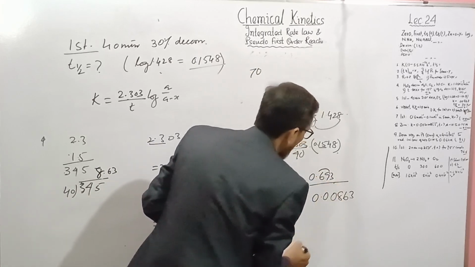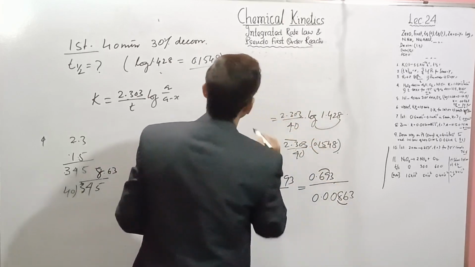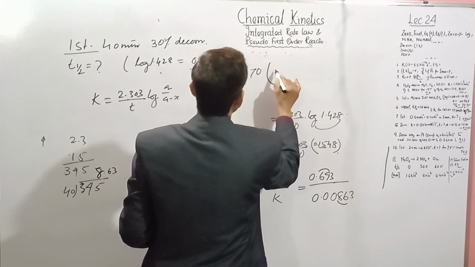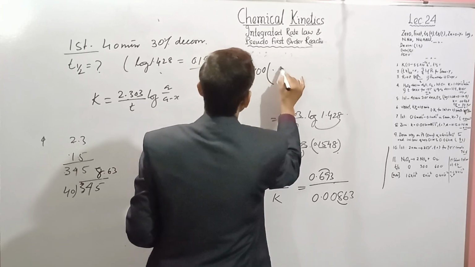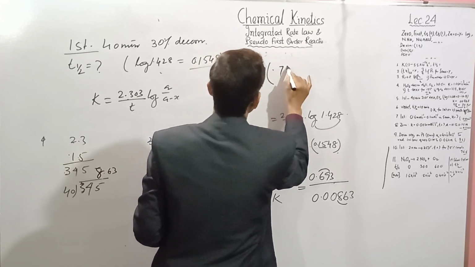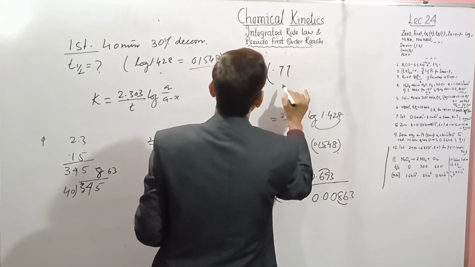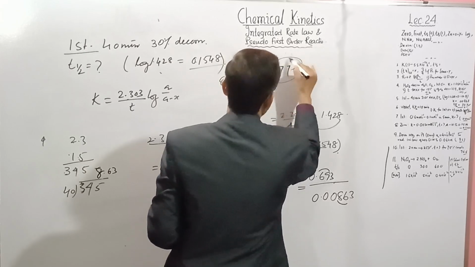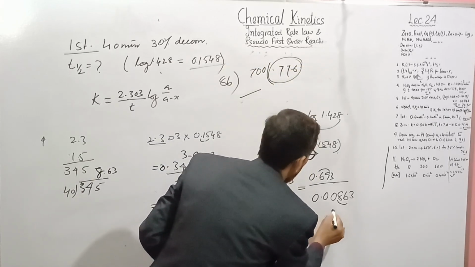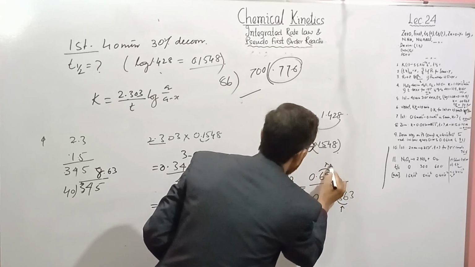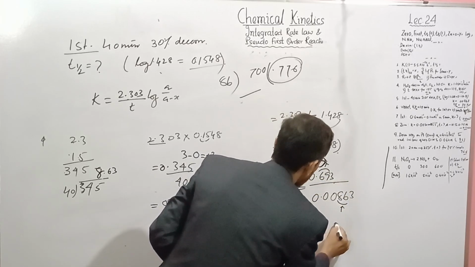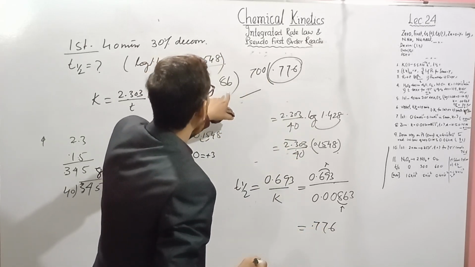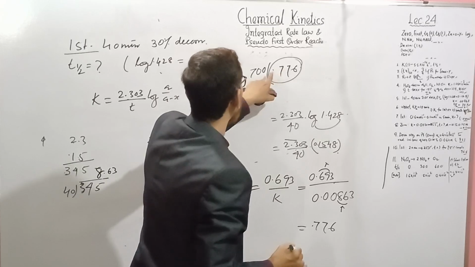You take this one, and here you take only these two digits, 86. You will get the result, this divided by this, you will get 776, nearly, because there was 70, I put point to give 0 point.